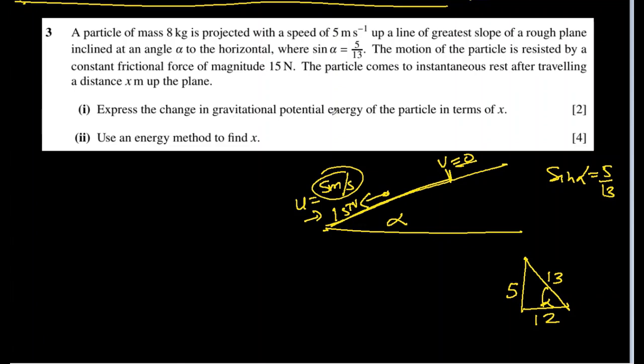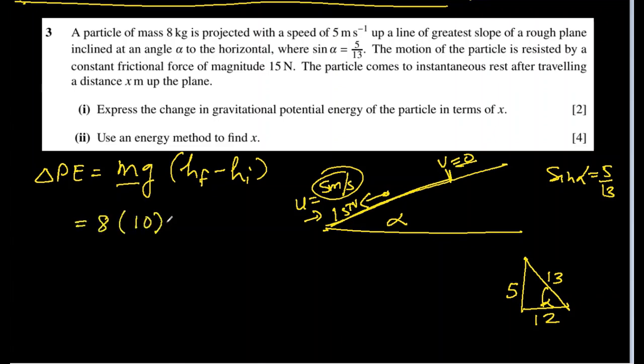Express the change in gravitational potential energy of the particle in terms of x. So change in gravitational potential energy is mg times final height minus initial height. Mass is 8 kg, g we know is 10. Final height is this one, let's call it hf, right?